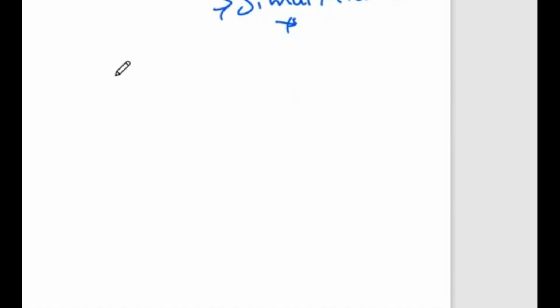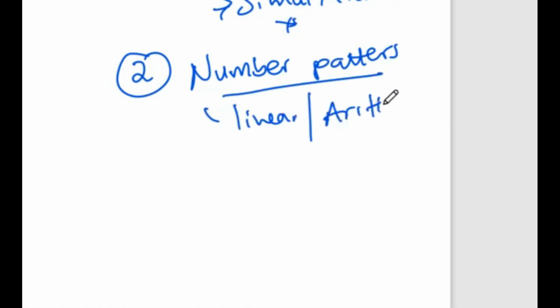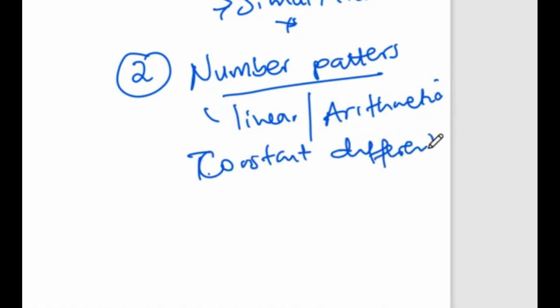All right, then topic number 2 in paper 1 is what we call the number patterns. Number patterns for grade 10s is strictly the linear, or sometimes we call it the arithmetic. The linear has a constant difference between consecutive terms.